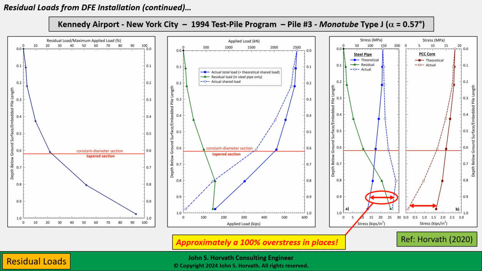Meaning that there are who knows how many, countless number of piles where the steel is overstressed and the concrete core is understressed. I think the only reason we have not had problems is that historically the New York City building code was very conservative with the allowable stresses in both the steel and concrete of a pile.